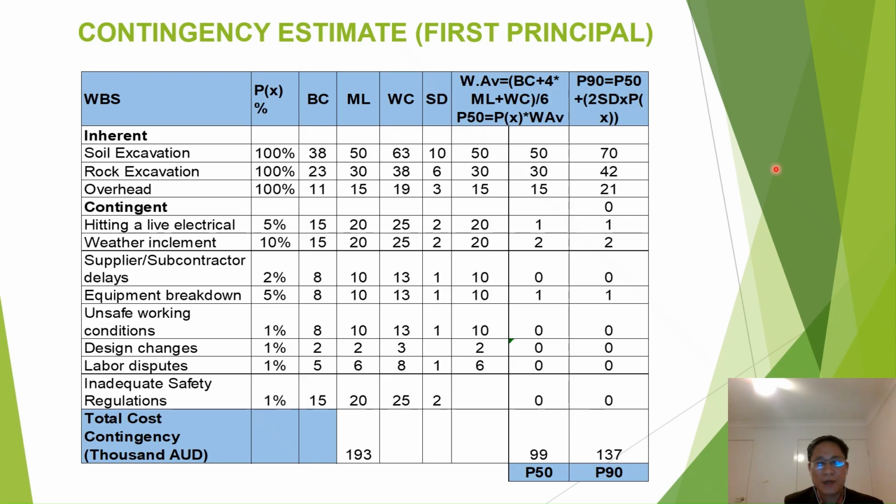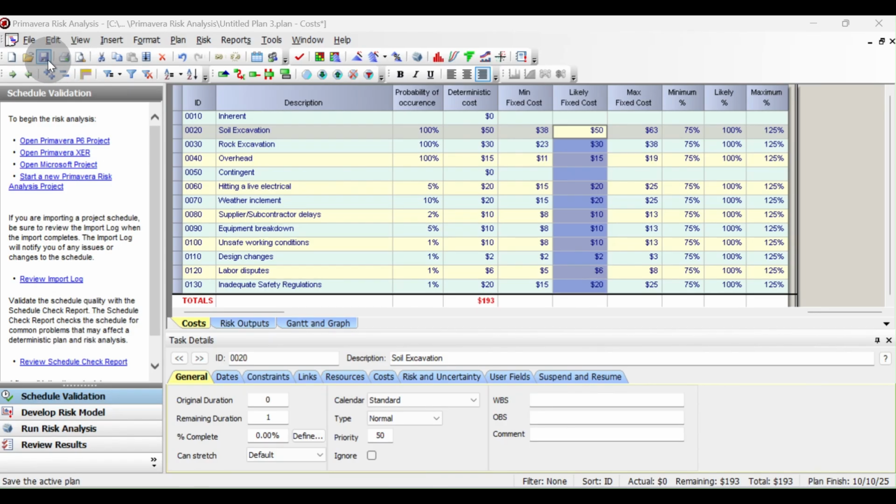We have no choice but to use this manual calculation. And because I have my software Primavera Risk Analysis available with me, I will use this to double check the manual calculation. They have used the software Primavera Risk Analysis to calculate the contingency for the previous projects.